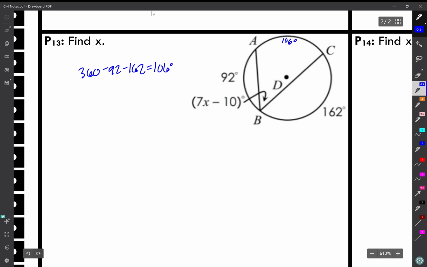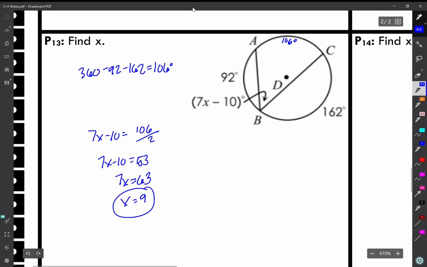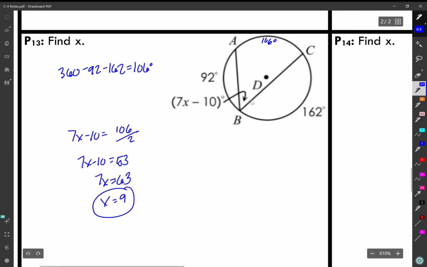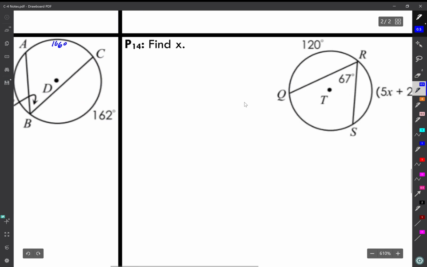Now we know that the angle is equal to half of that arc, so it's equal to 53. Now we just solve this like a regular algebra problem to get that x is equal to 9. The hardest part with these problems is just setting them up.